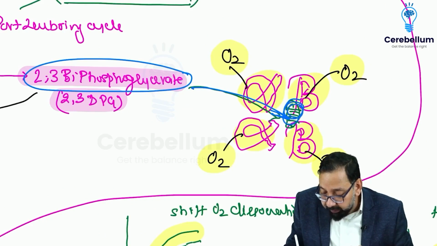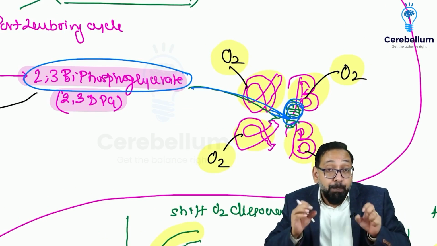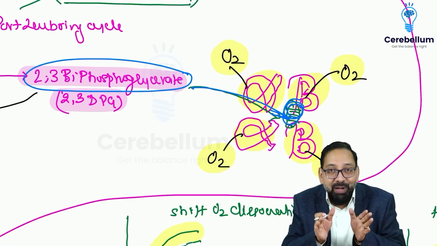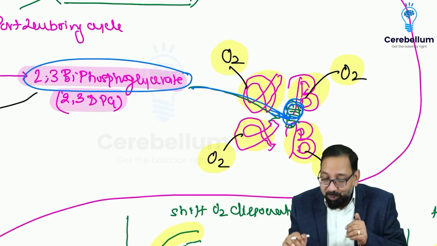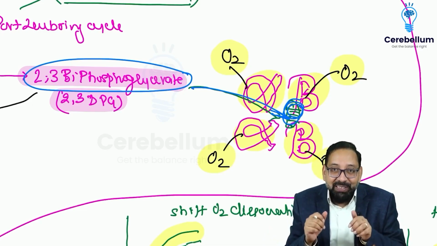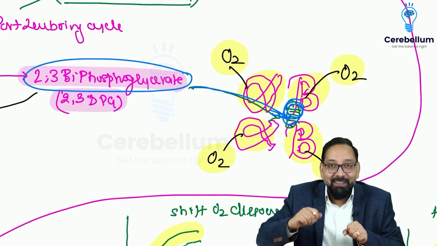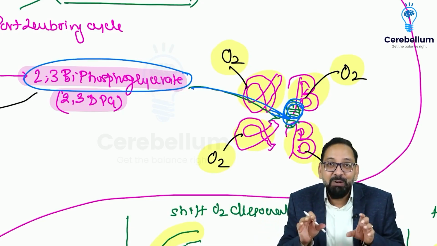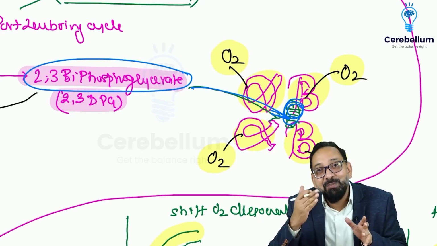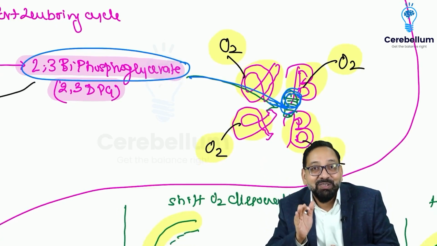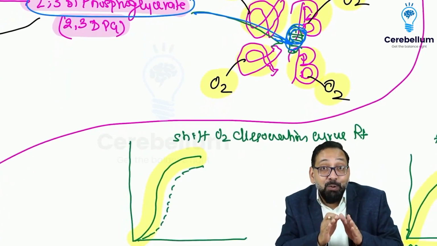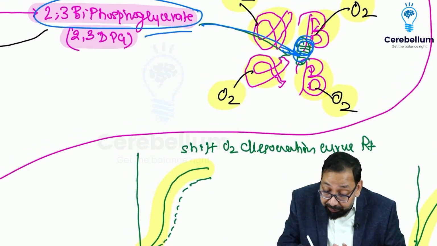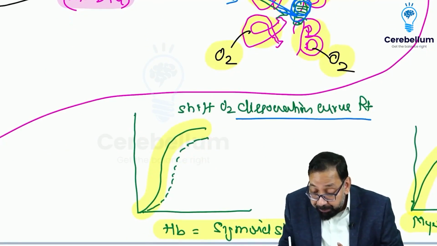Suppose a bench has 4 students already sitting and a small gap, and a 5th student comes. 2,3-BPG comes in, and with this adjustment, 1 oxygen is removed. So 2,3-BPG will come here, produce the tense state, and remove O2. This leads to a shift of the O2 dissociation curve towards the right. A question is asked: 2,3-BPG shifts the O2 dissociation curve to the right.